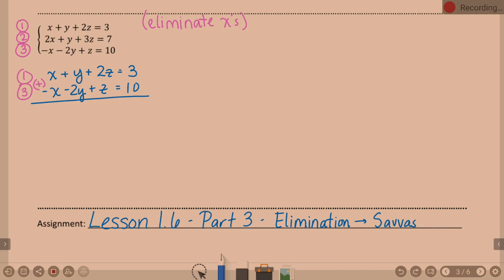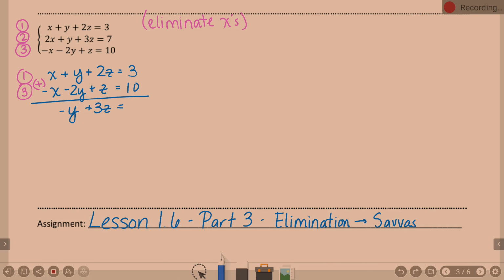x plus negative x cancels out. Okay. What about y plus negative 2y? y plus negative 2y is going to be negative y. 2z plus z is going to be 3z.